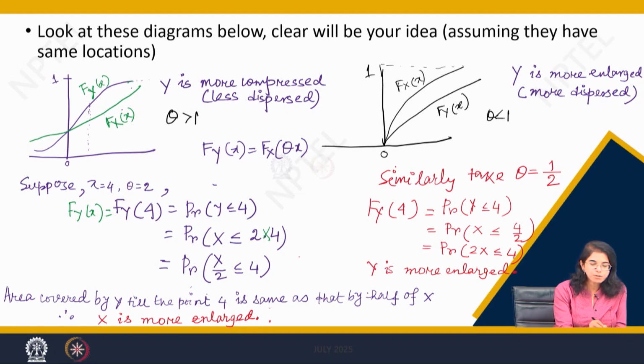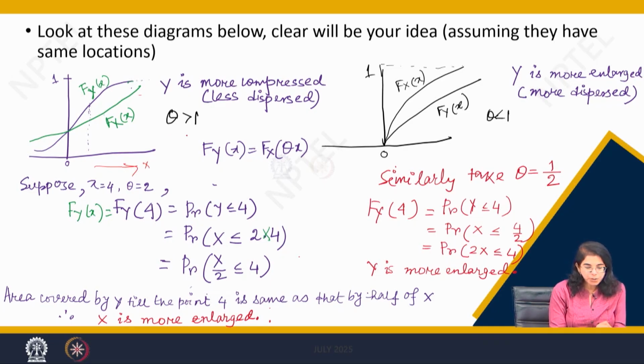These two are the distribution functions. Along the x-axis, all of the observational values are jotted down, and along the y-axis, the distribution functions are drawn, one in purple color, another in green color. Now I am claiming that Y is more compressed. More compressed means less dispersed or less scattered, right?